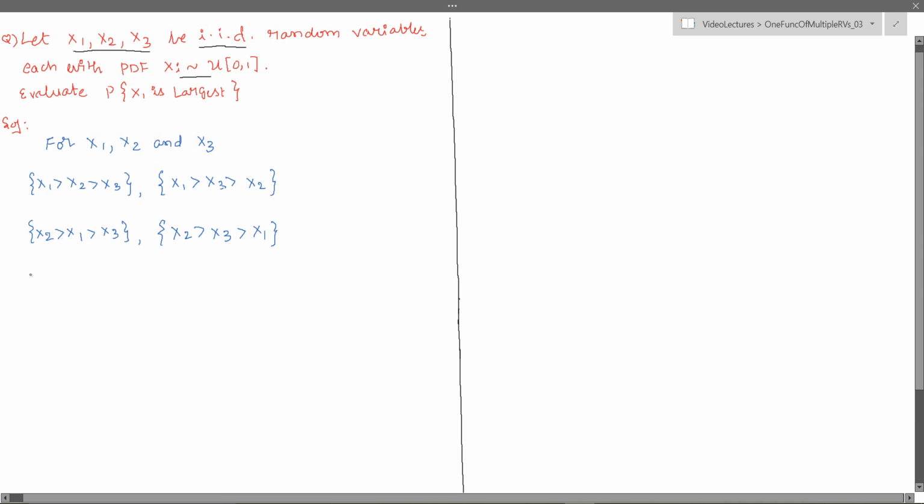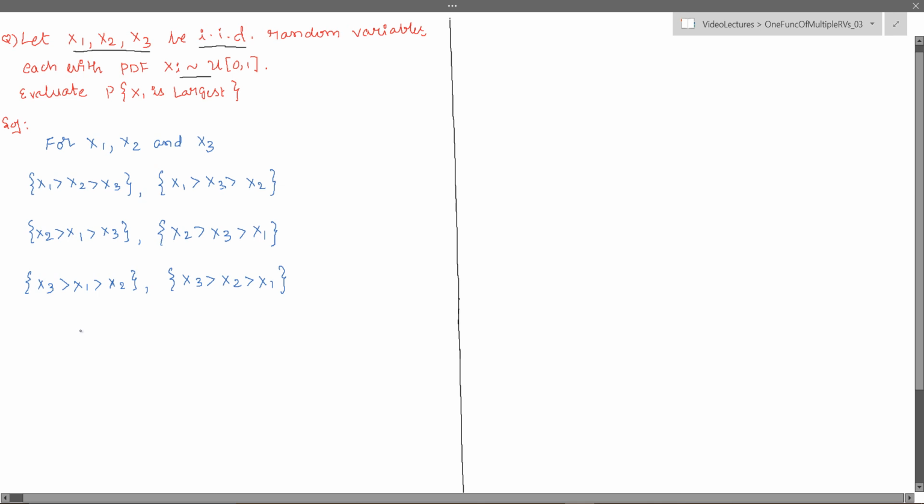And in similar fashion for random variable x3 we can have this combination, which is x3 greater than x1 greater than x2, and the last combination would be x3 greater than x2 greater than x1. So we cannot have any other combination beyond this.